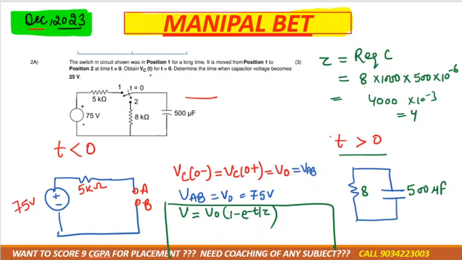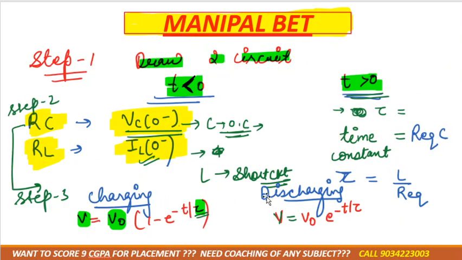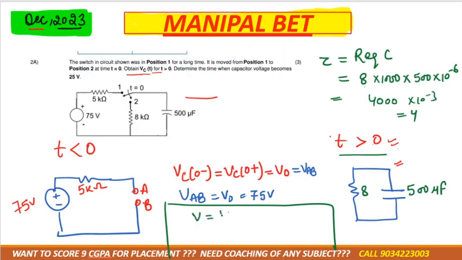Because they said obtain V of t for t greater than 0. It's in charging condition, so we have to take the charging equation.